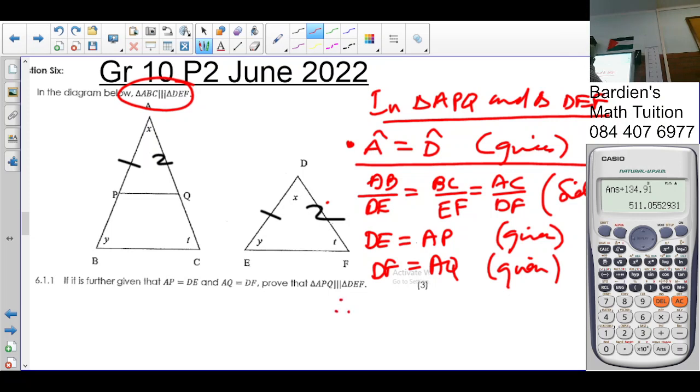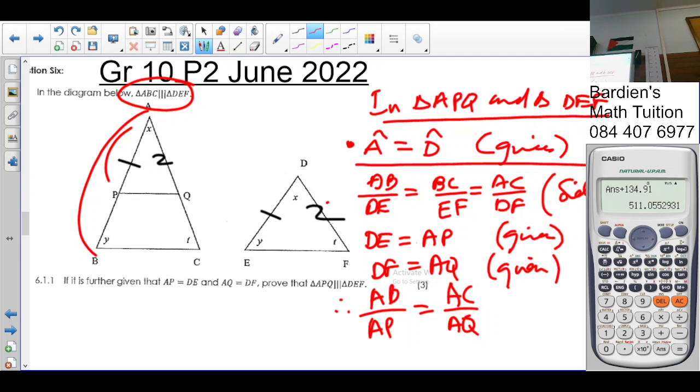So therefore, AB over AP is equal to AC over AQ. Okay. So AC over AQ.